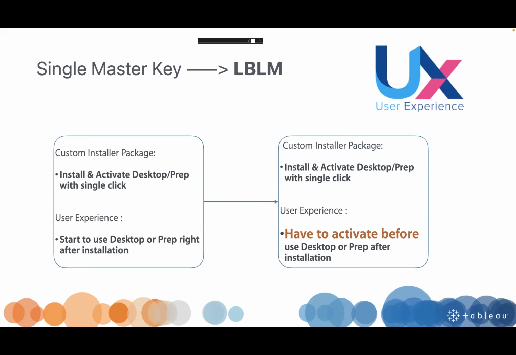I'm in the process of transitioning all my desktop and prep users from the single master key to this new LBLM. Before I go to the next slide, let me show you some details of how it works. My single master key, of course, is hidden.